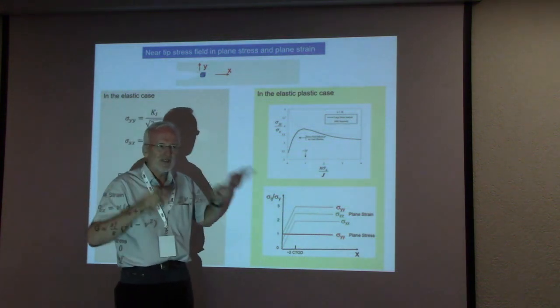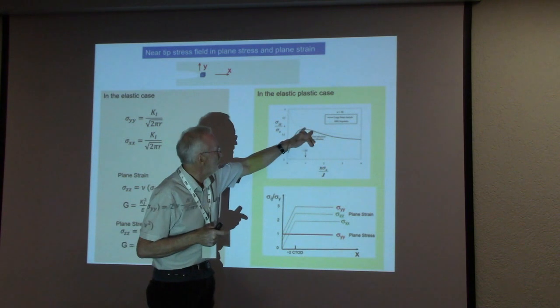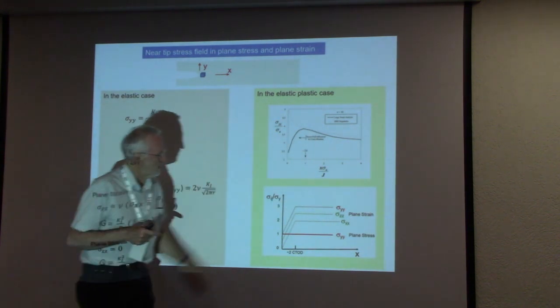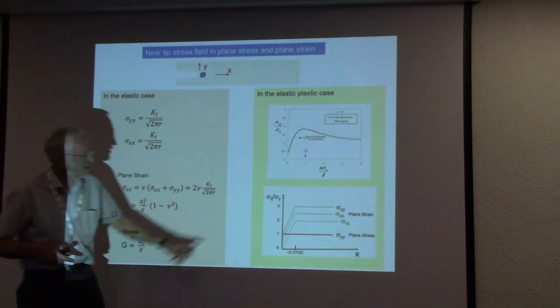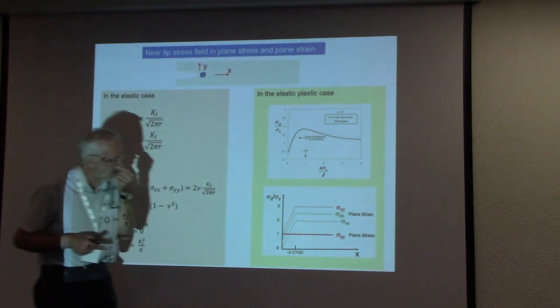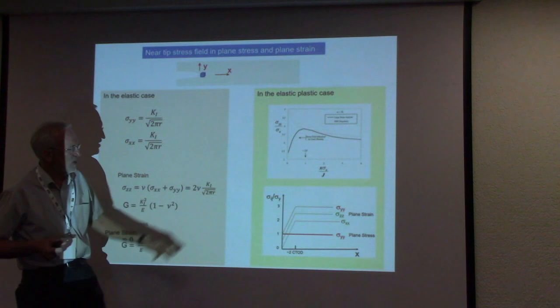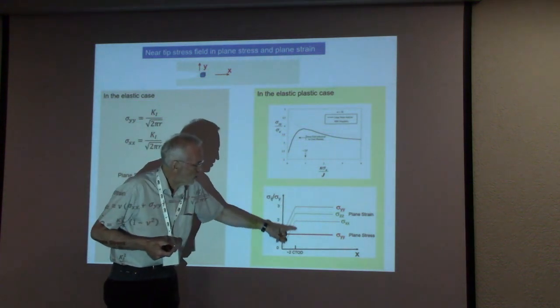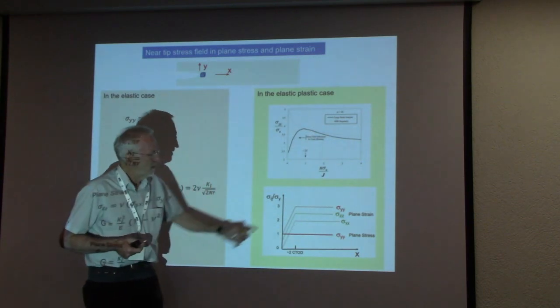That's a rough estimation. In reality, with hardening, it goes somewhat above 3. This is only for a non-hardening material, but it is a very simple estimation, and really good.